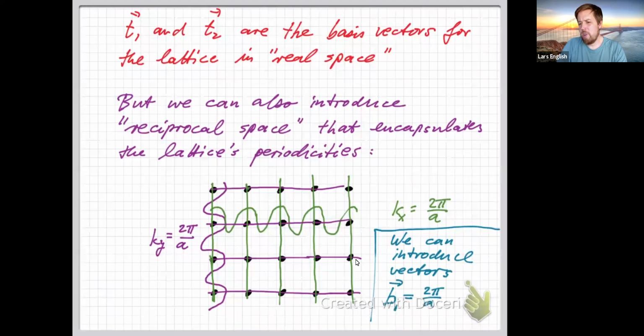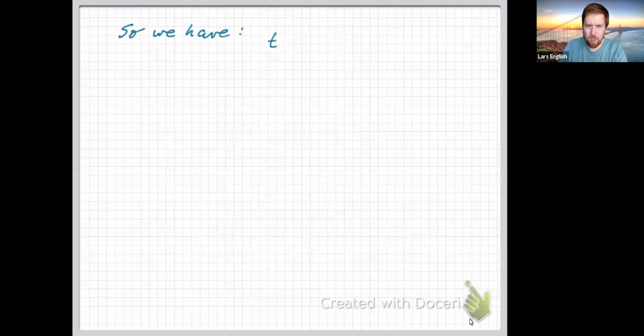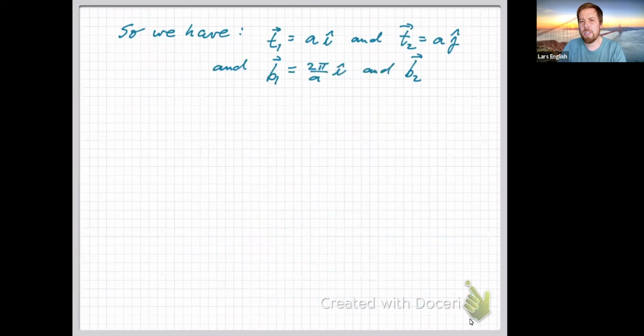Then we can introduce basis vectors as well, and we're going to call them 2 pi over A i hat and 2 pi over A j hat. Just as a summary, here's the real lattice, and here's the reciprocal lattice.